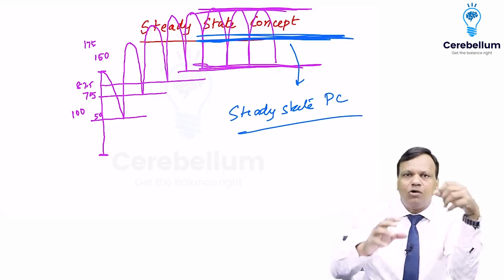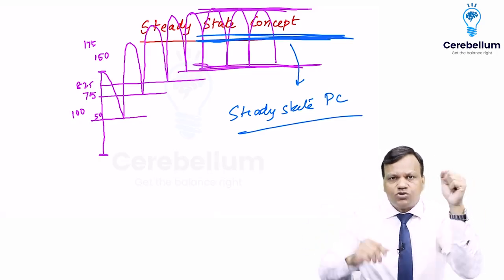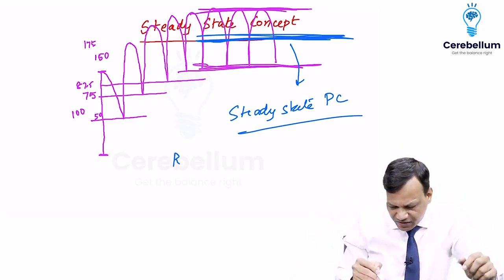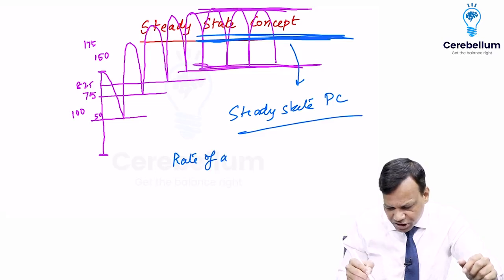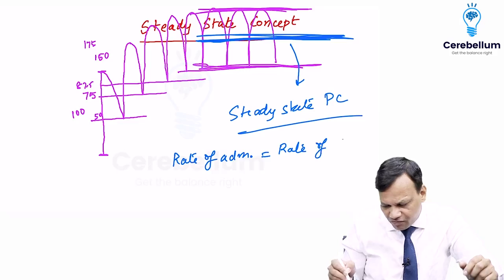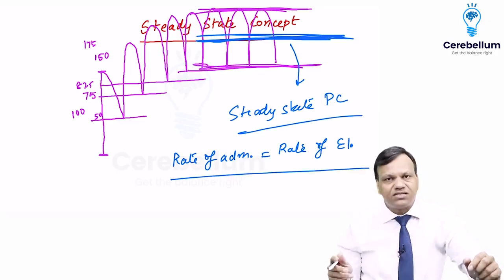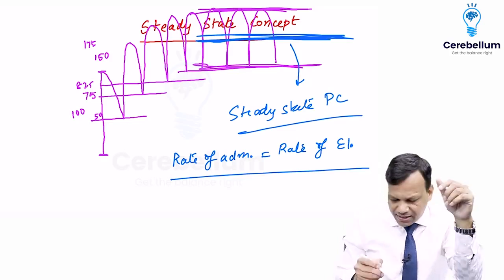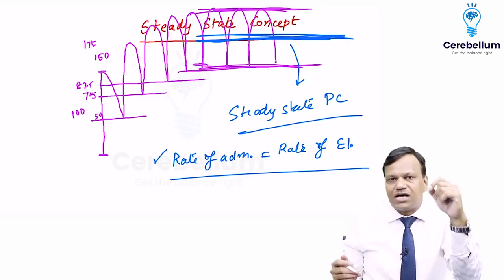So the net amount in the body will become constant. That state is known as steady state. So what is steady state? It is a state where rate of administration of a drug is equal to rate of elimination of a drug, or in simple language we can say plasma concentration is stable. It is steady. So that state is known as steady state plasma concentration.